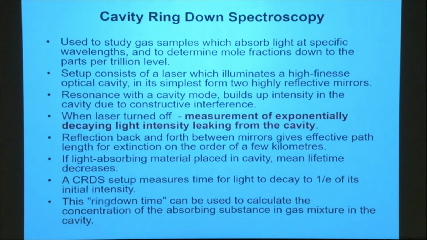We measure what's called the ring down time, which is 1 over e of the initial intensity, and that can be used to calculate the concentration of the absorbing substance in the gas mixture if we know the cross-section and the length of the cavity. So that's an absolute technique with very high sensitivity.